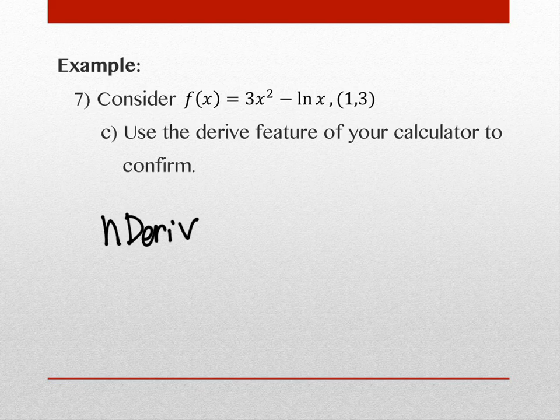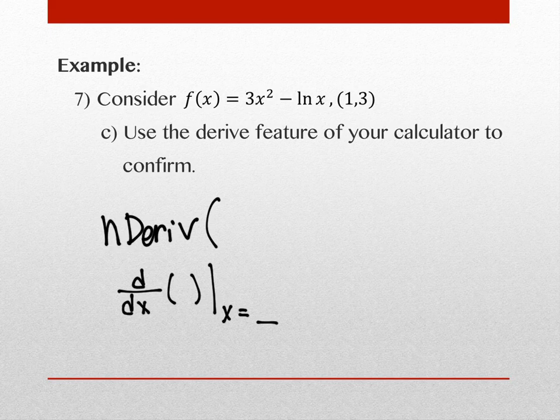Let me take a look at yours. It actually says d over dx, and it'll have a parenthesis here, and then it says x equals, and there's a blank spot right here. So one of these versions is what yours says. Mine says the first one. Probably most of yours say the second. Does yours look like one of those two things when you press math 8?